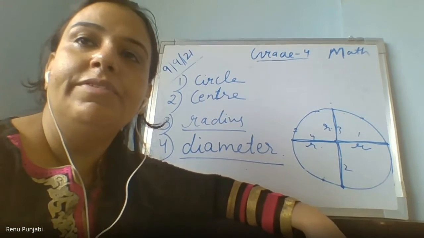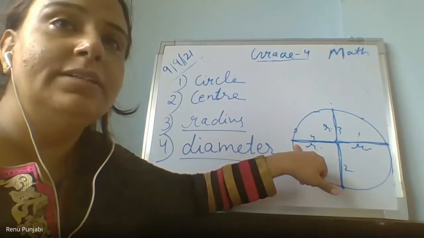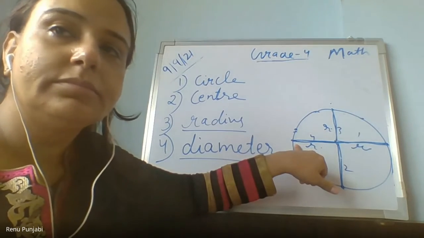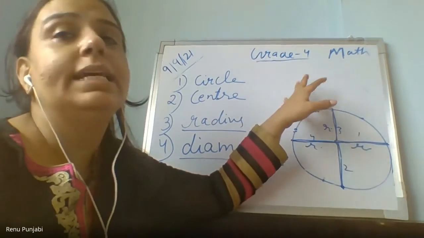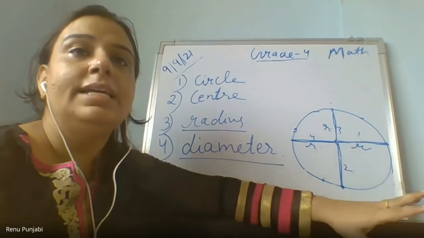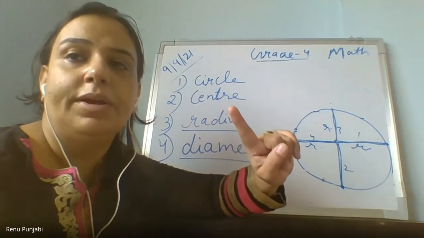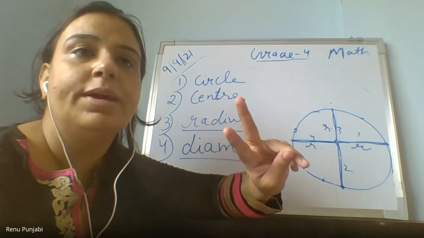Got it, everyone? Till here, any confusion? So again, I will define. I am talking about the line and the line segment. A line has no endpoints and a line segment has two endpoints.